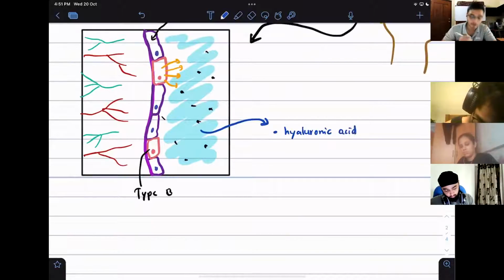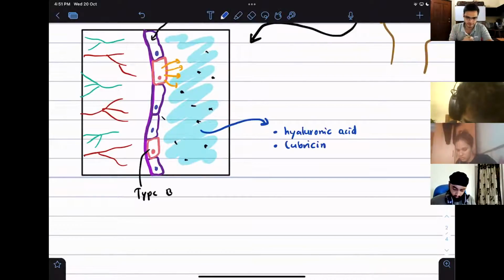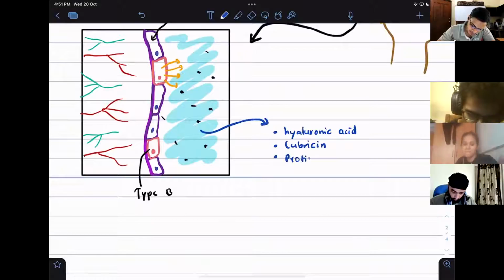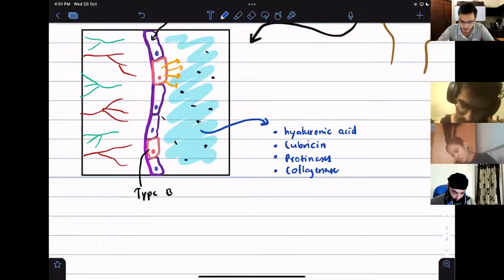It contains something called lubricin. This is another glycoprotein, guys, that helps with lubrication function. And then apart from that, it contains some enzymes, some proteinases, some collagenases, to break down excess substances that are not required. These things are there.